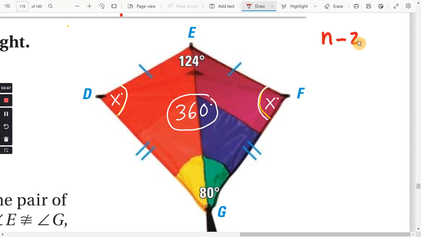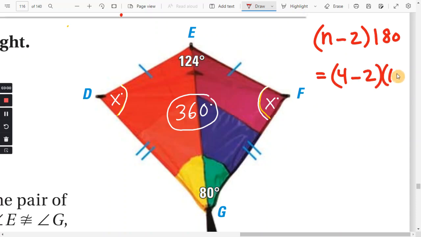It's just n minus 2 times 180. Okay, so we have four sides. N is the number of sides. So it's going to be 4 minus 2 times 180. 4 minus 2 is just 2 times 180. That equals 360.